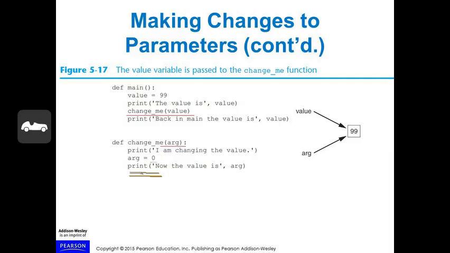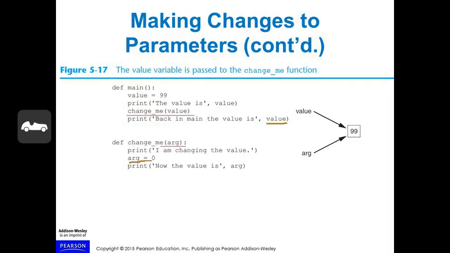The execution will go back to resume the main function, which will print, back in main the value is, and at this point, it will print the value is 99. So you can try this yourself to see what is being printed out. At this point, this value here is still 99, although this arg has been changed to 0.